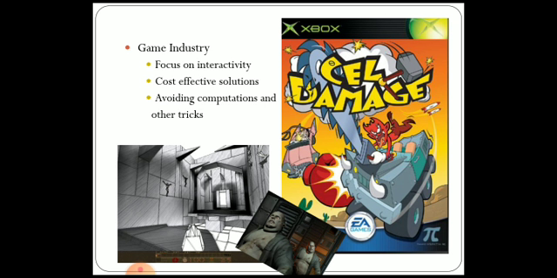The simpler the game, the more popular it is. So a game should avoid complexity and other tricks. Basically, these are the points listed which the game industry should emphasize.